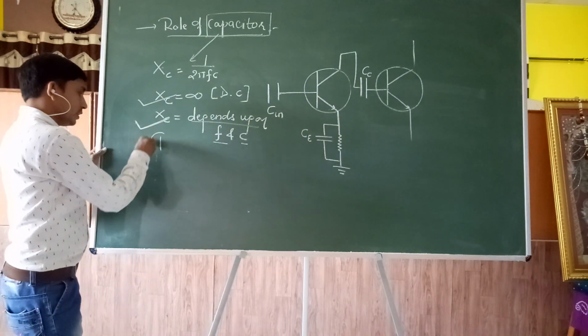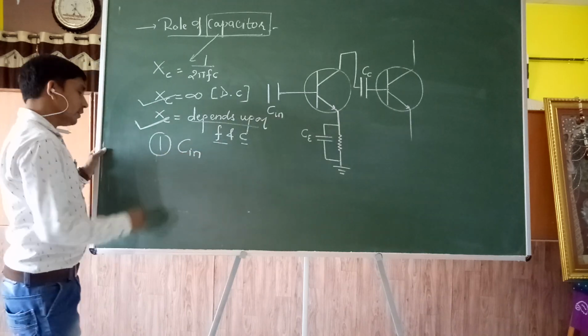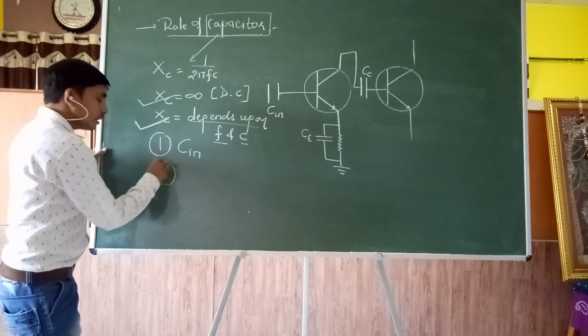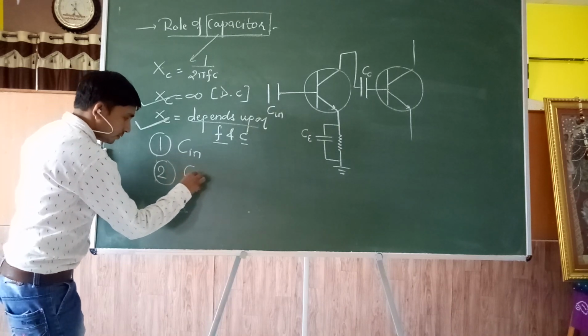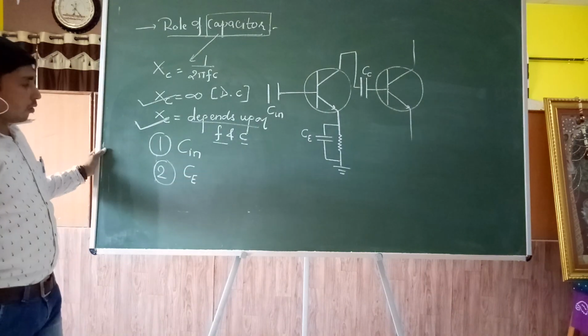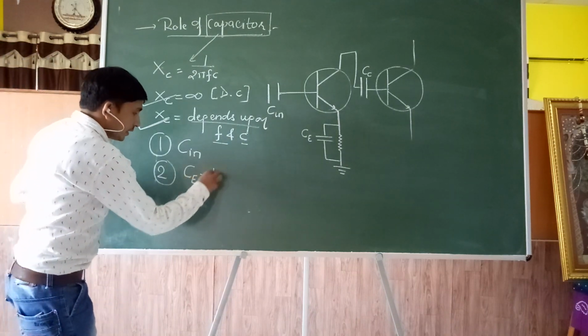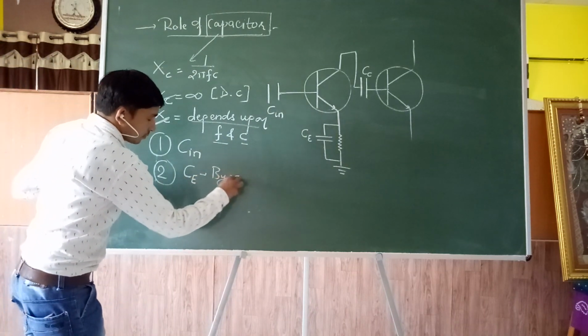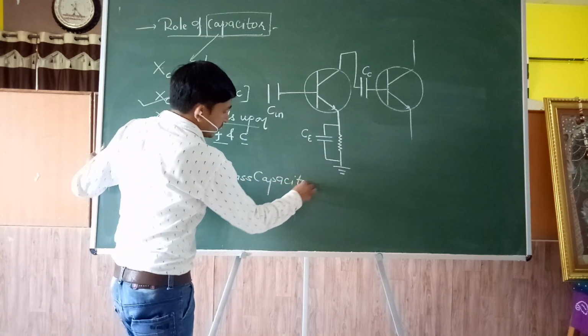The first one is CE, called the input capacitor. The second one is CE, called the emitter capacitor, also named the bypass capacitor.